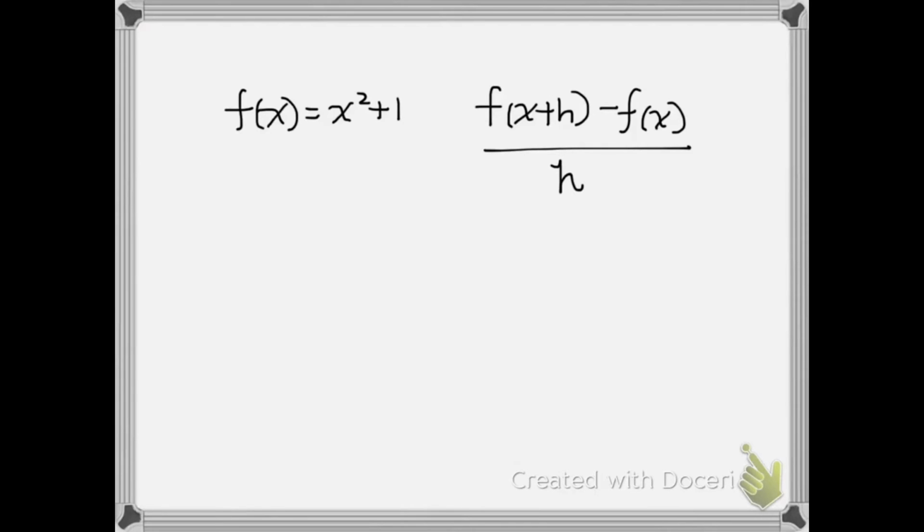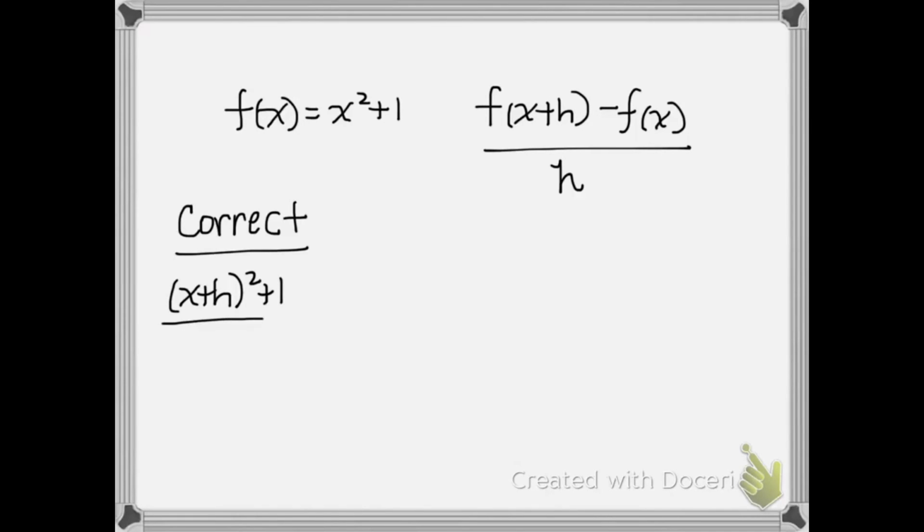So here's the error that I see, and I'll place it next to the incorrect. So, first of all, I'll put the correct one down again. So here, this is correct. I would go x plus h squared plus 1, so that's f of x plus h, and then minus x squared plus 1 over h.